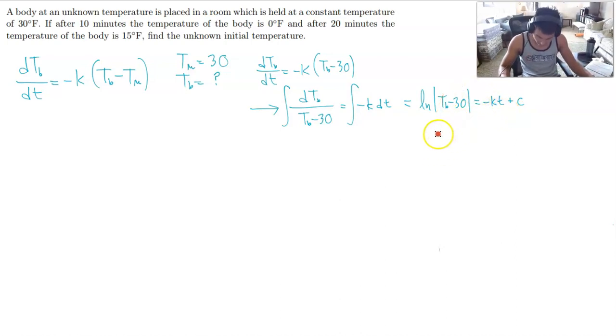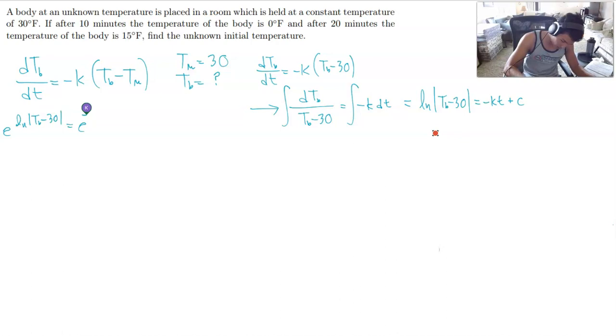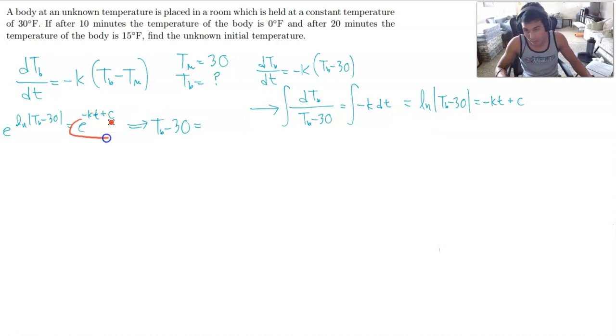So I'm going to take the exponential of both sides, so e to the ln (T_B minus 30) and e to the negative kt plus C. If you do that, it just becomes T_B minus 30, and that's going to equal e to the negative kt plus C. Now, an exponential with a sum in the exponent is a product of exponentials; that's just the algebra rule.